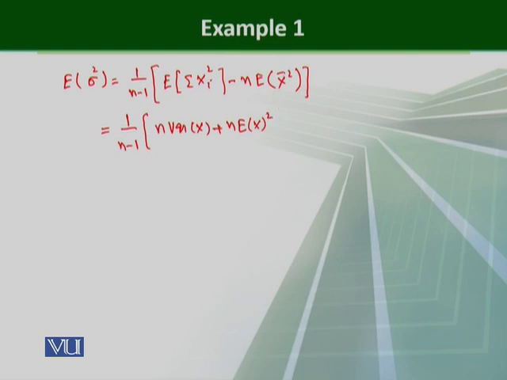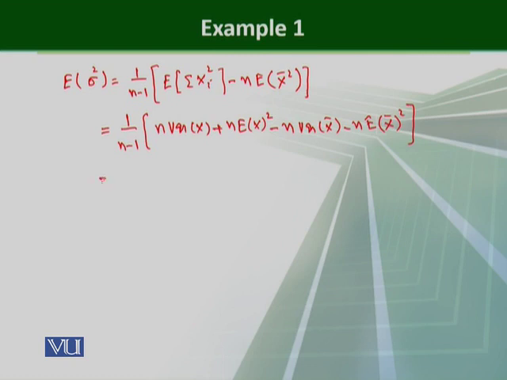In the same way for x bar, you can write it as minus n variance of x bar minus n expected value of x bar square. The same fact we have used for this as well.